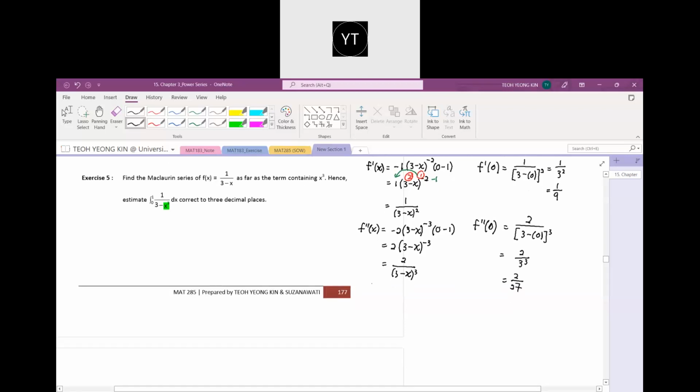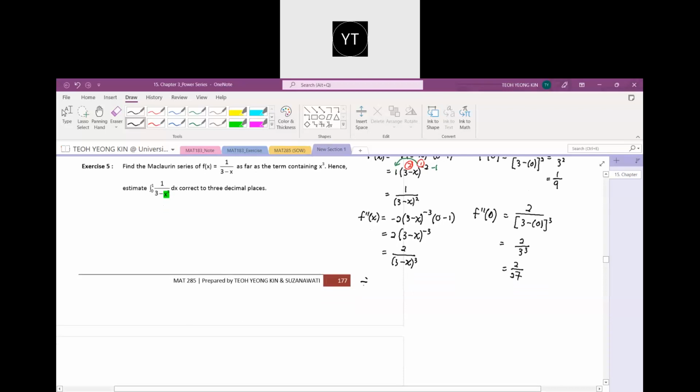Finally, the third derivative. Again, first differentiate the index, second differentiate the bracket. Multiply to the front, minus 1. So I have negative 3 times 2, negative 6. (3 minus x) to the power of negative 4, times the derivative: differentiate 3 is 0, differentiate negative x is negative 1.